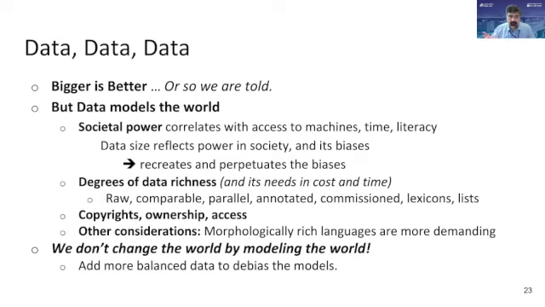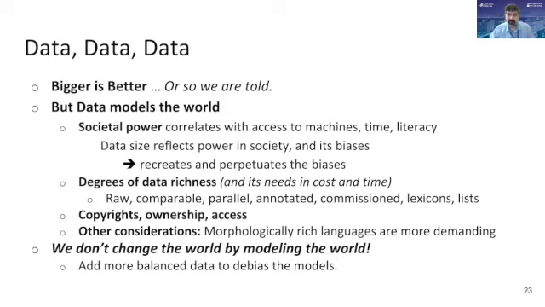And even when we talk about data, not all data are equal, just as I just said, actually. Having a lot of text, let's say, is one aspect. This would be raw data. But there are other kinds of data that are, let's say, parallel data, where you have the data and its equivalent translation, or some additional annotations on it. And these, of course, the more you add in the sequence, the more annotations, the more commissioning, creation of lexicons, etc. That's time.